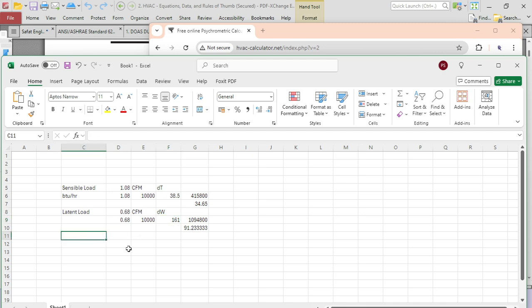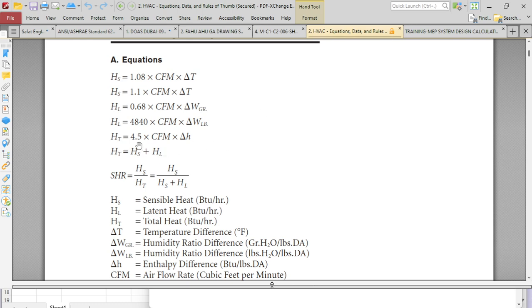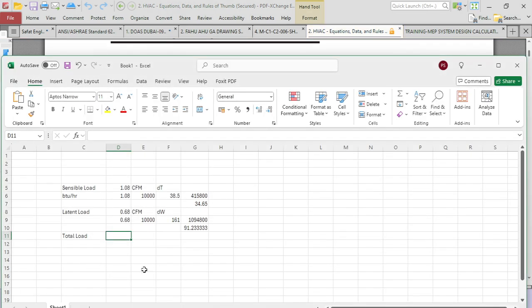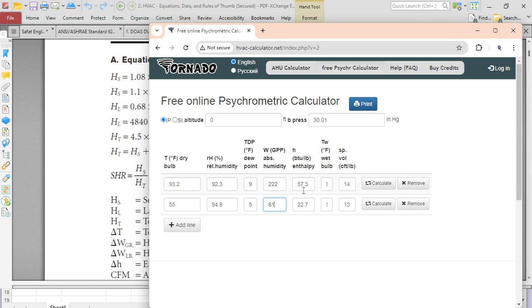We will see now. What is the total load? The total load is nothing but 4.5 CFM delta H. Delta H is somewhere here. 57.3 minus 22.7.